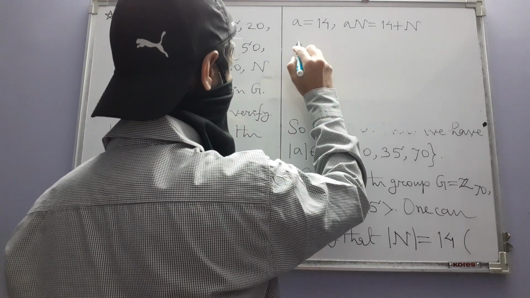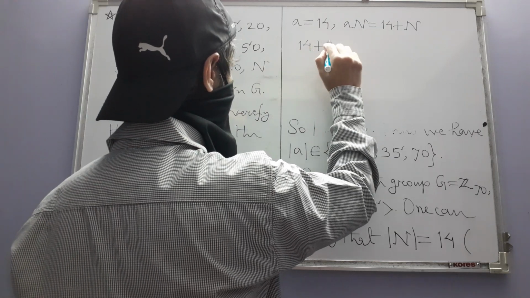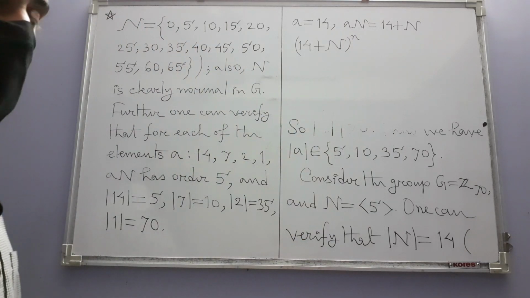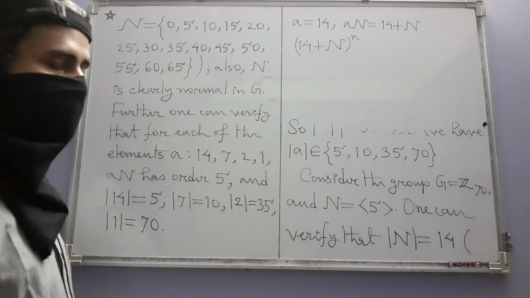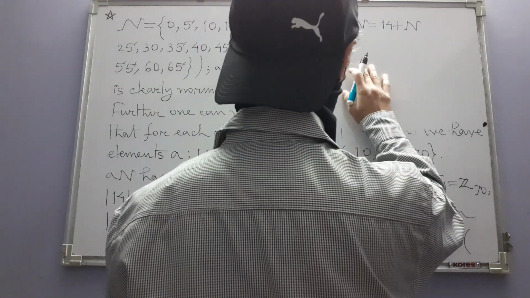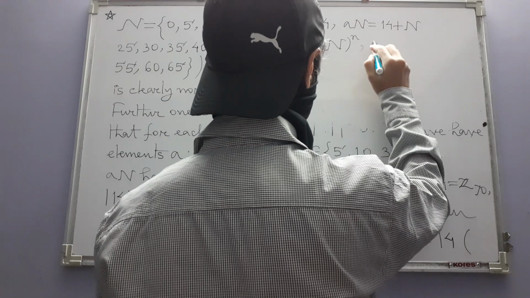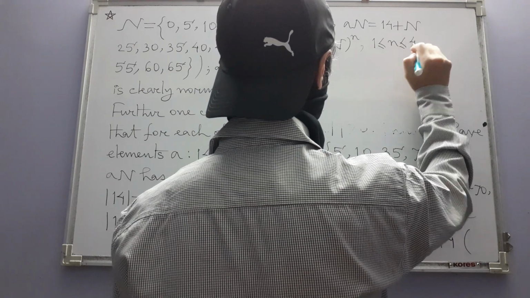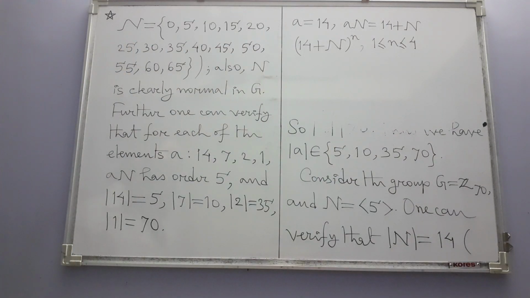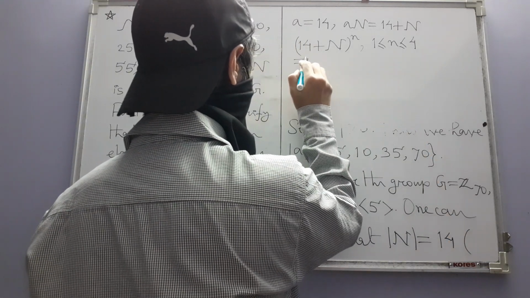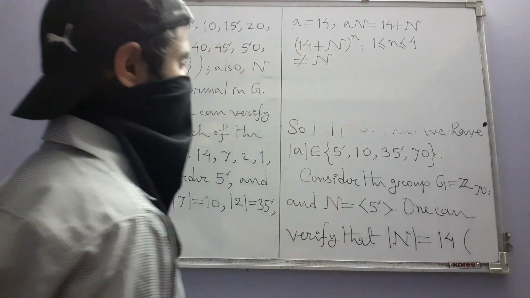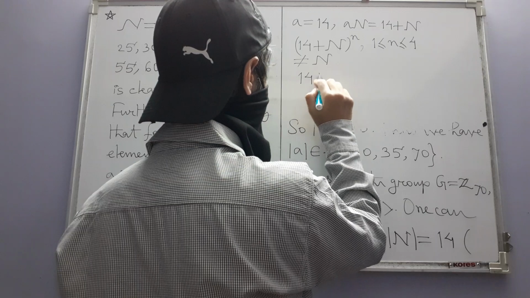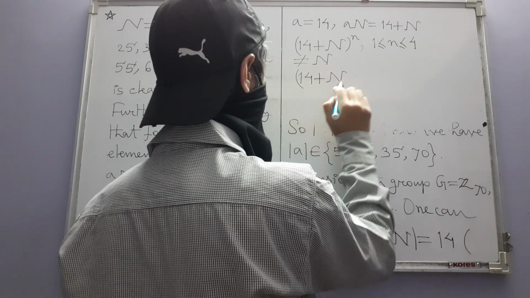It means that when you calculate these powers in the quotient group G by n, in the factor group G by n, then you have to show that for all positive integers lying between 1 and 4, this is not equal to the identity element in the factor group, but this one is the identity element.